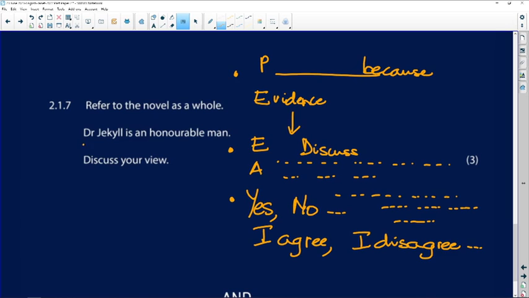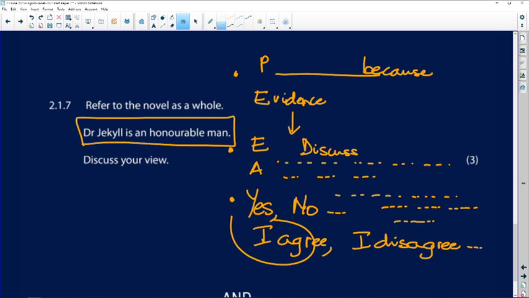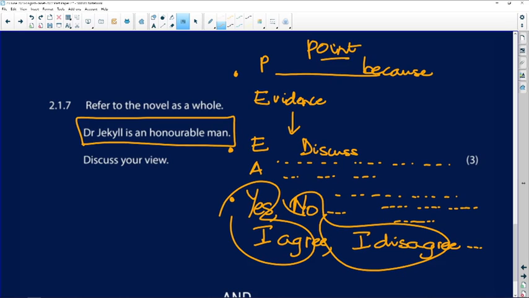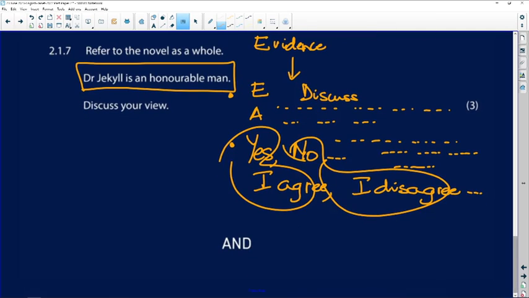So remember, the statement question, you can't just repeat the statement. You say, yes, I agree, or no, I don't agree, but then you need to make a point, your point, not the statement given back to you. And remember, there's always a second extract.